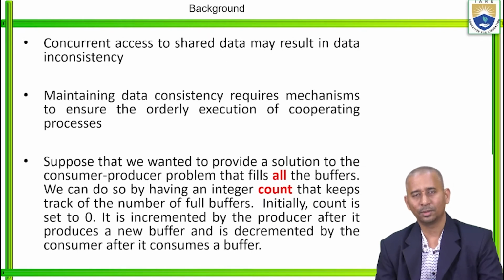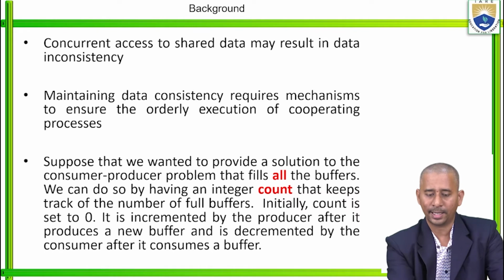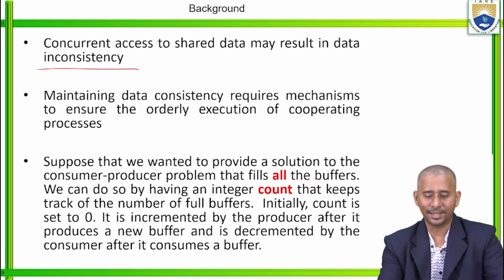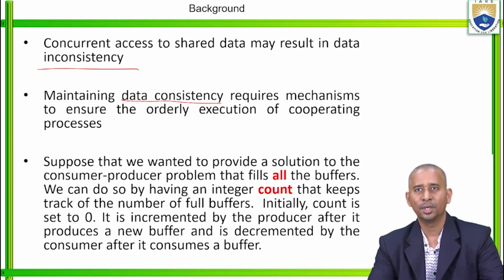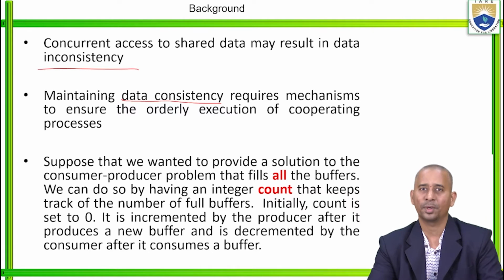What is the background regarding process synchronization? Concurrent access to shared data may result in data inconsistency. So we need to maintain data consistency, which requires mechanisms to ensure the orderly execution of cooperating processes.